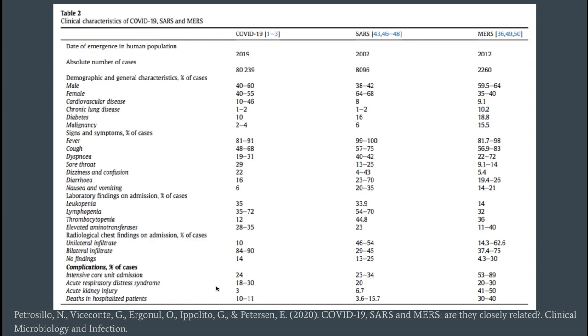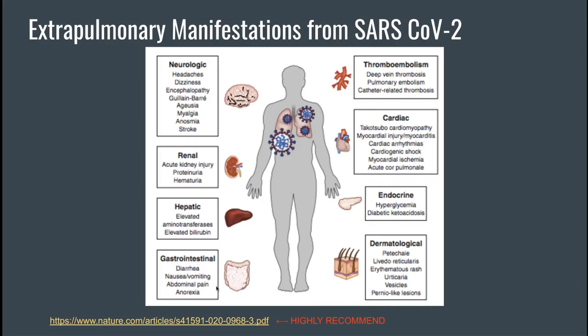Patients will also have chest x-rays or radiology findings with bilateral or unilateral infiltrates, and things like that. Obviously, they have a mortality rate, especially in the people that are admitted to the ICU, the people who do develop acute respiratory distress syndrome, and the people with acute kidney injury.